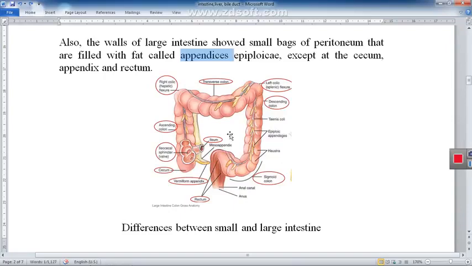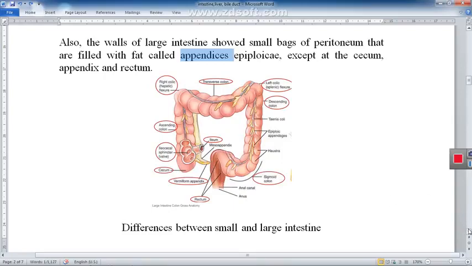These bags are not seen in the cecum, the appendix, or the rectum. So tinea coli are found in all the large intestine except the appendix and rectum, while the appendices epiploicae are seen in all parts of the large intestine except the cecum, appendix, and rectum.